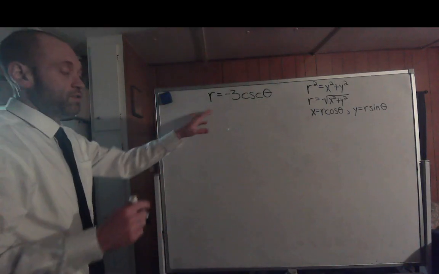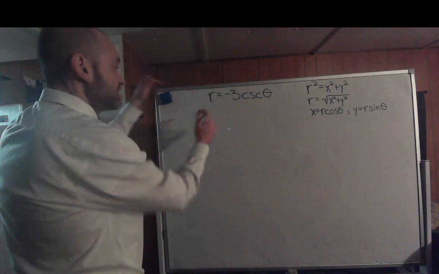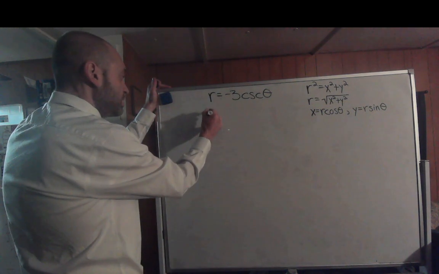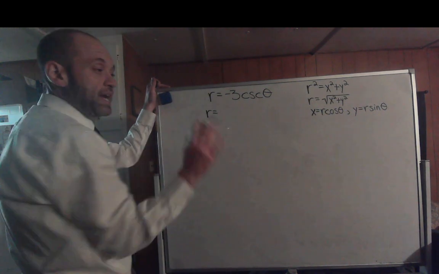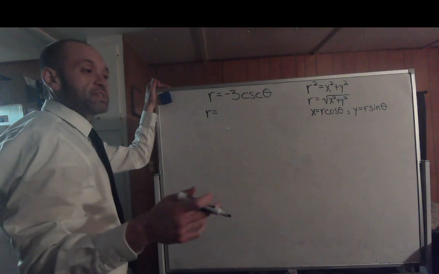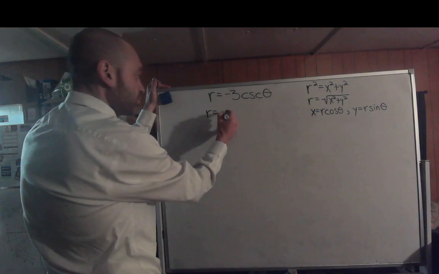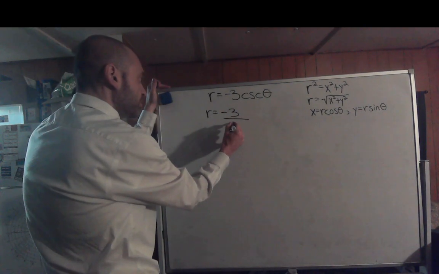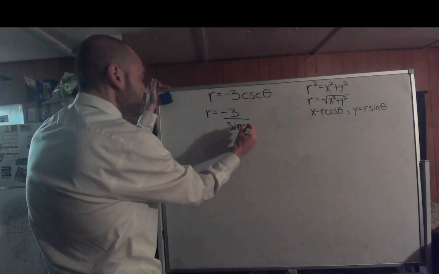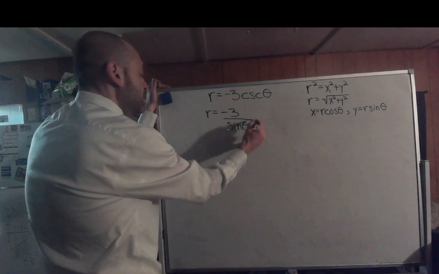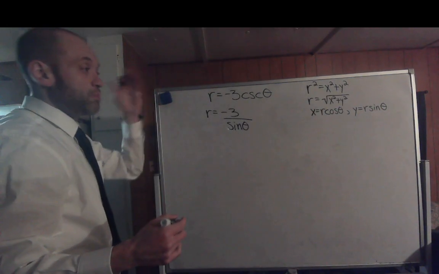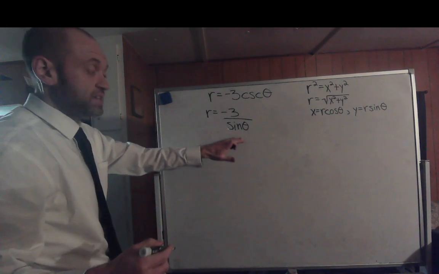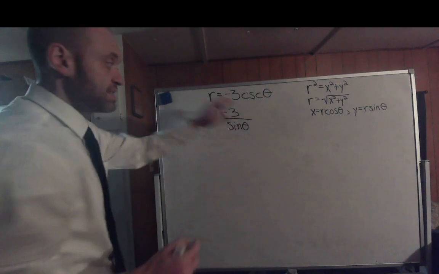Let's not even convert the r yet. This is going to be the same thing as r equals what? Well, if we have cosecant, isn't that the same as the reciprocal of the sine? So the right-hand side would become negative 3 over the sine of theta, which then means we could multiply both sides by the sine of theta to get the constant by itself.